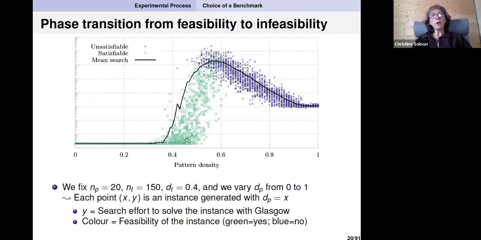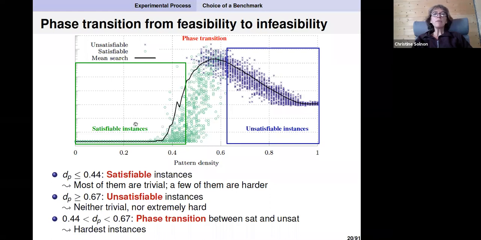And finally, the color of the point tells us if the instance is satisfiable, which is green, or unsatisfiable, which is blue. And now we can see that we have three regions. The region of all satisfiable instances, where instances are usually quite easy with very few exceptions.